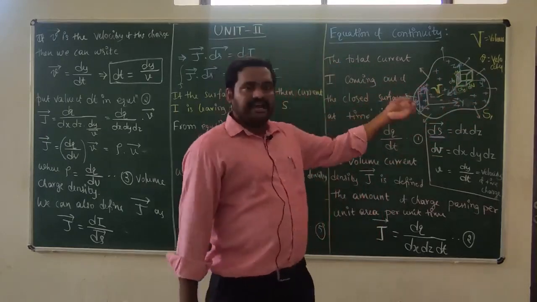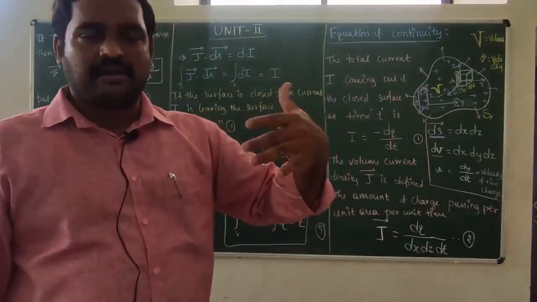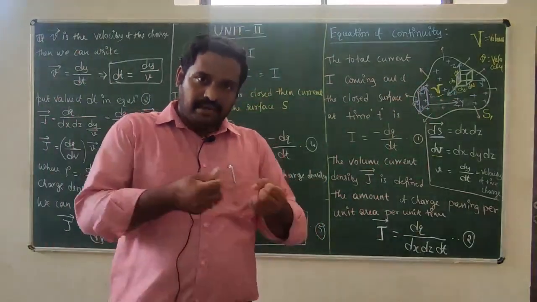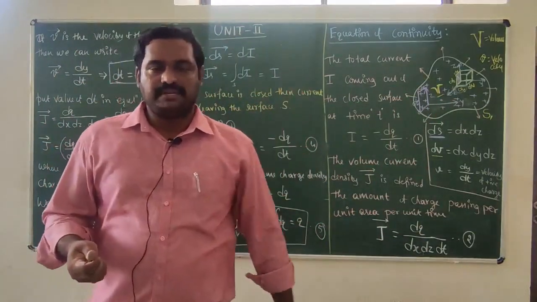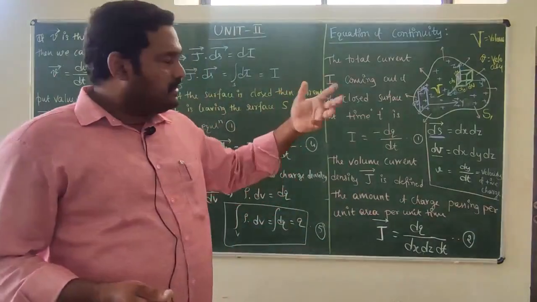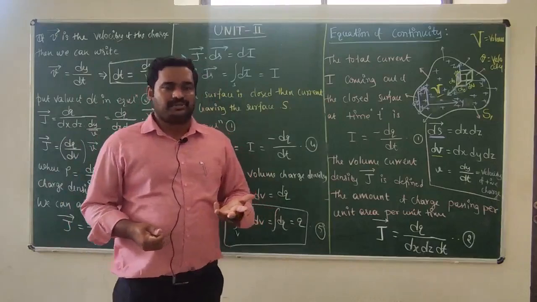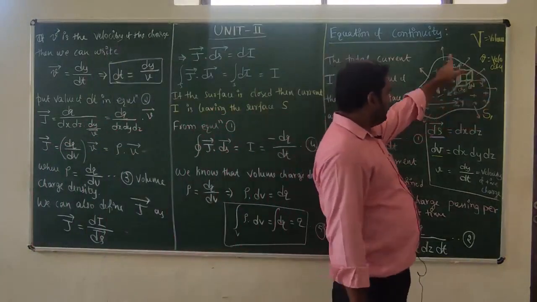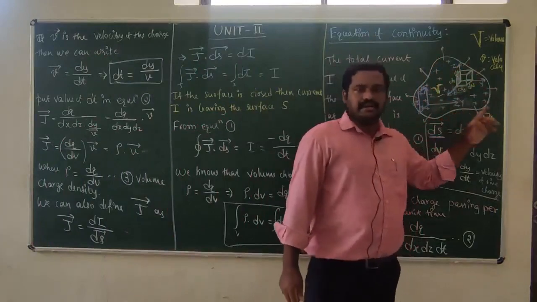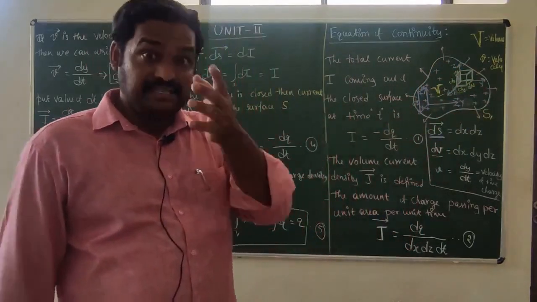Now, what about the direction of the current? Whether it is in the outward direction, that the current is coming out of the surface, or going inside the surface, inside the volume. For that we have to see whether the surface is closed or not. Here we have assumed the surface is closed. If we have a closed surface, the direction of the field line is outward.